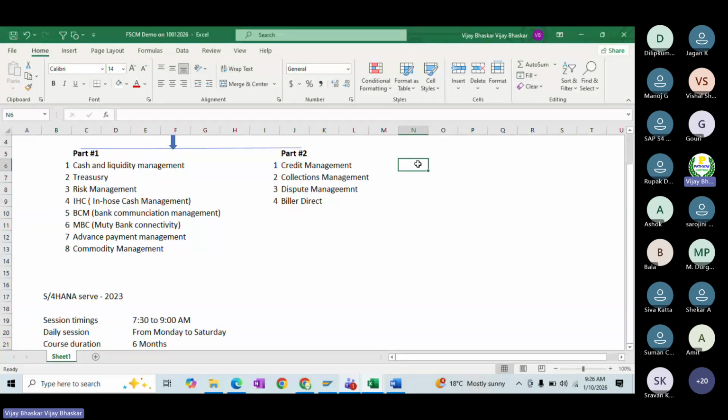Credit management is closely integrated from the customer point of view, and collections management is closely integrated with finance. Dispute management and biller direct would be the same situation.